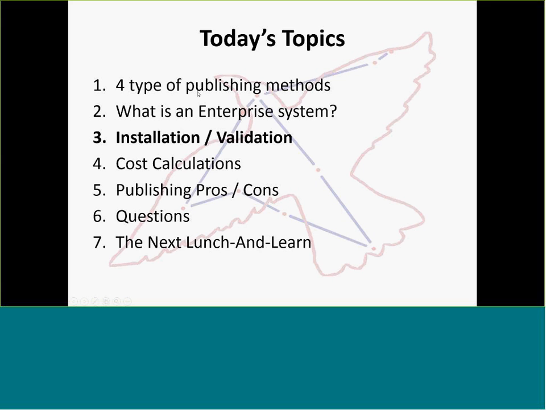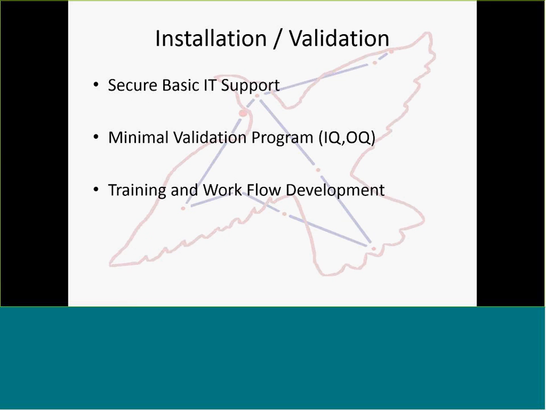Now, actually getting the thing. The desktop system is that it's very easy to install. It's usually you just download the software and install it. That being said, you need to do some minimal validation on it. They should provide an IQ script for you, and if they don't, they are not a quality vendor.